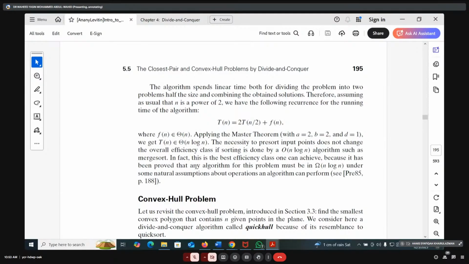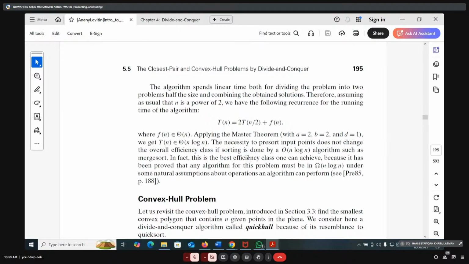In fact, this is the best efficiency class one can achieve, because it has been proved that any algorithm for this problem must be Omega(n log n) under some natural assumptions about the operations the algorithm can perform.